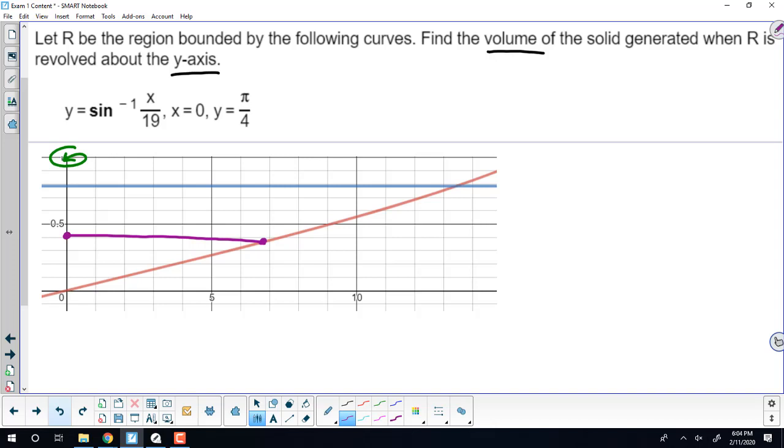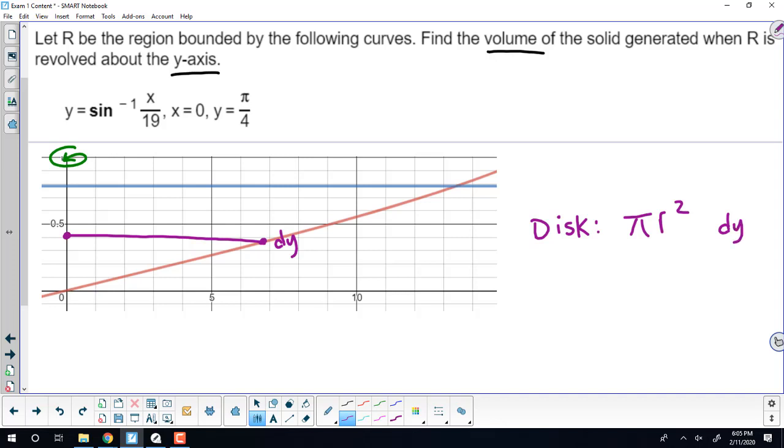A disk, right? It's a circular disk. So this is going to be the disk method. Our rectangle's thickness is dy, so we're going to integrate with respect to y using the disk. Here it's just pi r squared. There's no gap between the region and the axis of revolution.